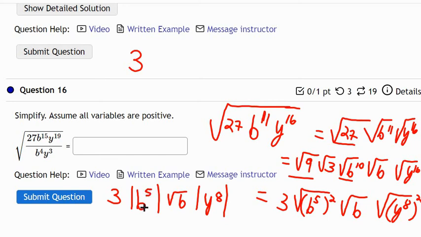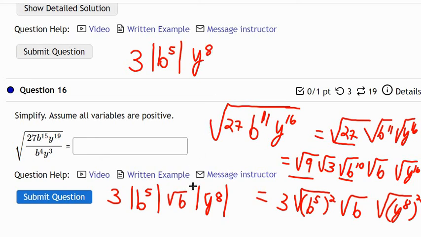It actually depends on if b is positive or negative. So I can't get rid of the absolute value for the b to the 5th. On the other hand, the y to the 8th, I know y to the 8th is positive because when you raise a real number to an even power, it's always positive, and therefore the absolute value of y to the 8th is y to the 8th.